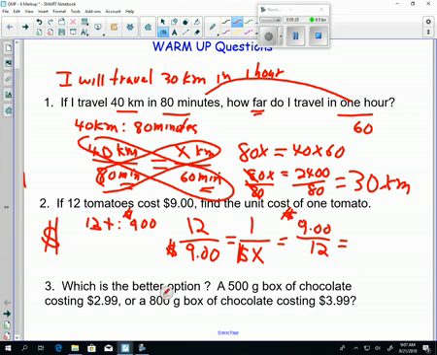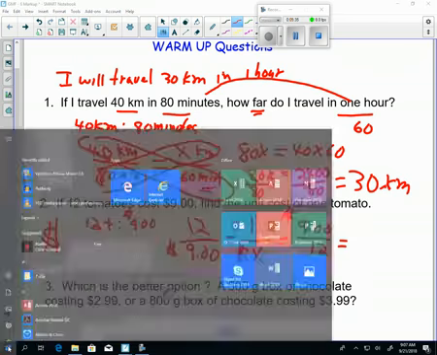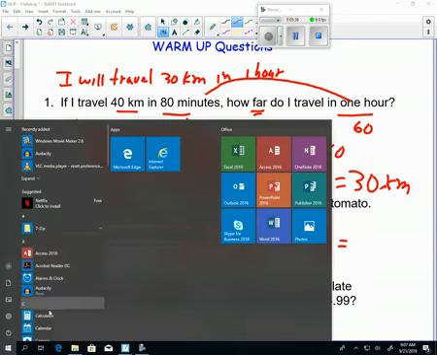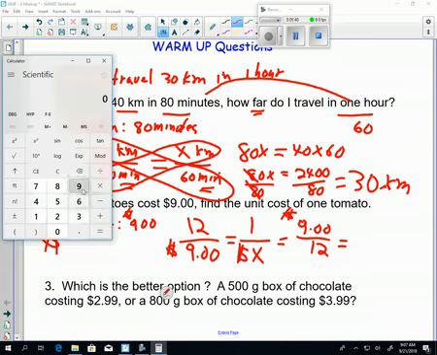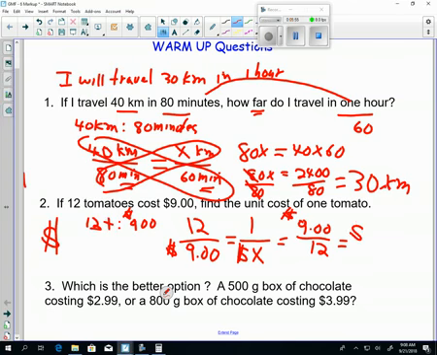So 9 divided by 12 is $0.75. So one tomato will cost 75 cents.